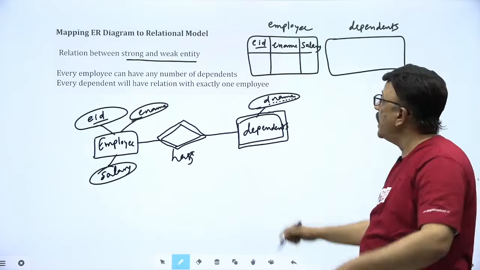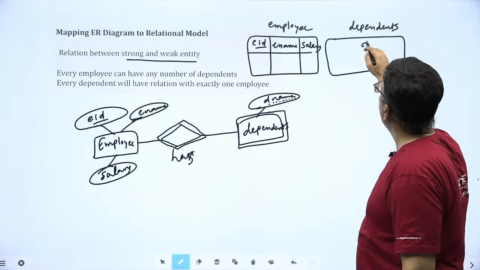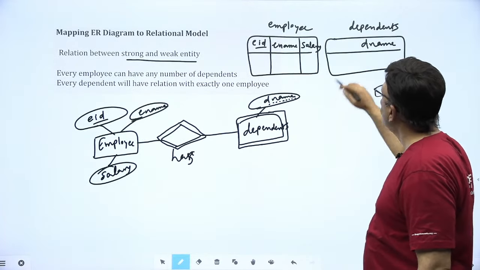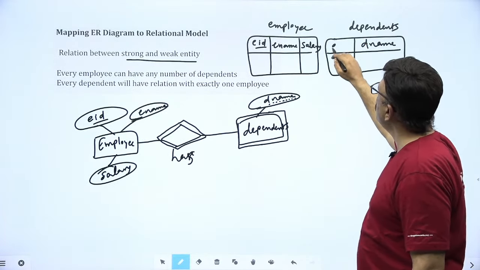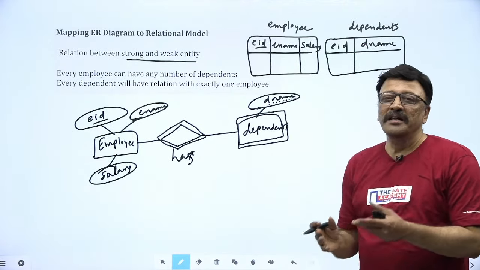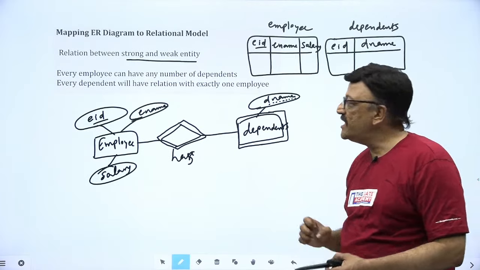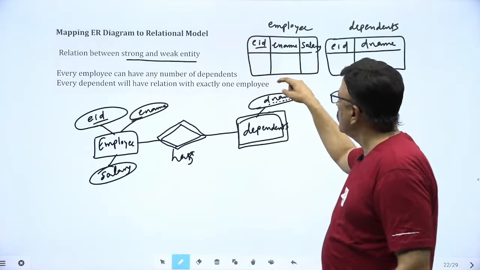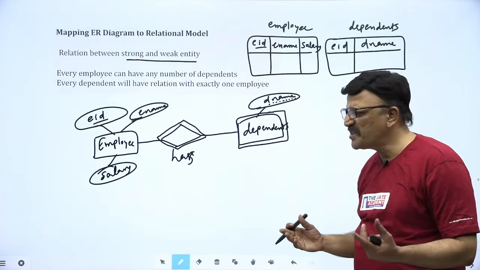Correct? And dependents will have 1 column, dname, the name of the dependent. But we add 1 more column here, EID. The same concept I explained in one to many: just borrow the key attribute and put it in the dependent. It's so easy to understand.